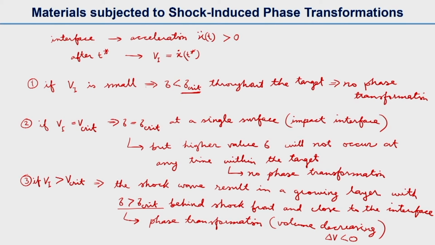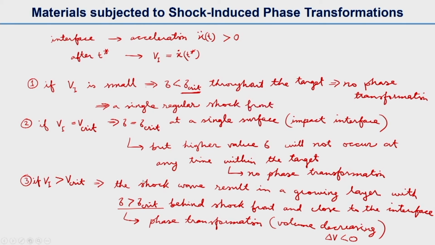So, now we see these three cases. First, if the Vi is small, there will be no phase transformation in the target. So, a single regular shock front will travel. There is no phase transformation, regular shock front.